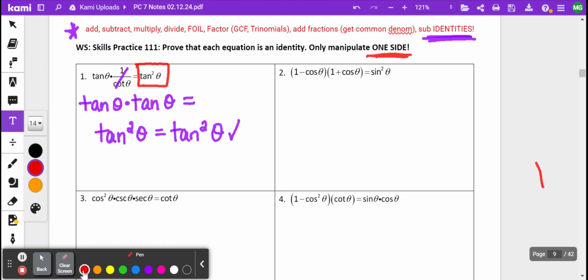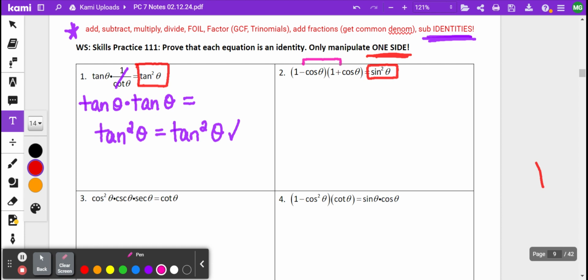Okay, next problem. I see more movement possibility here. So I'm going to put a little rectangle around the sine squared of theta. Now, when you look at this, we have a binomial times a binomial. And in fact, they're conjugates of each other. Remember, they look almost the same except for one has addition and one has subtraction.